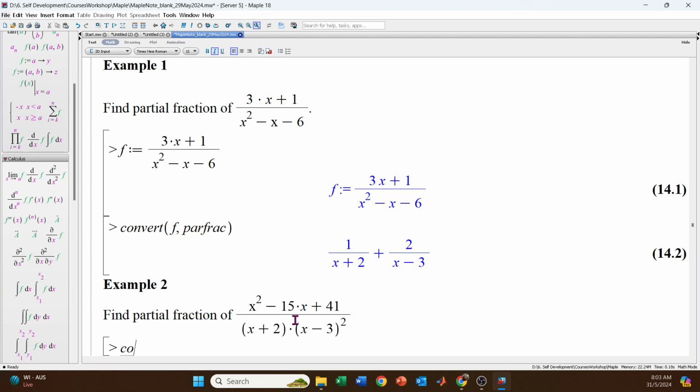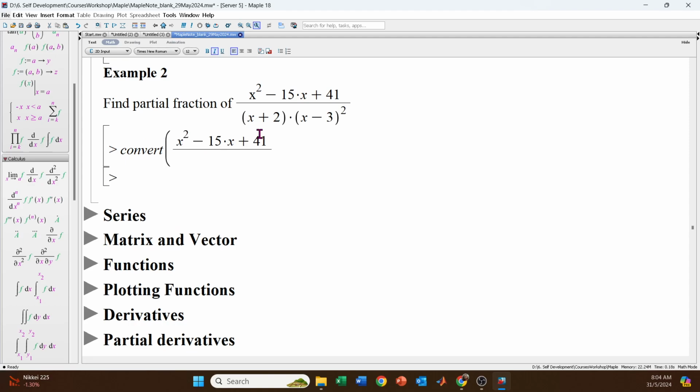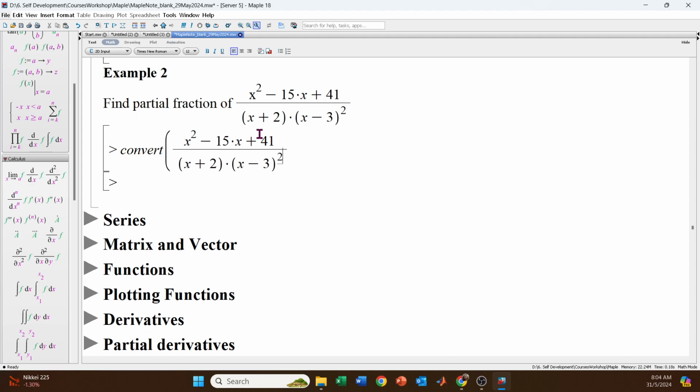Same thing for the second example here. You can directly convert, let's say, x squared minus 15 times x plus 41, then highlight it, divided by (x plus 2) multiplied by (x minus 3) power 2.